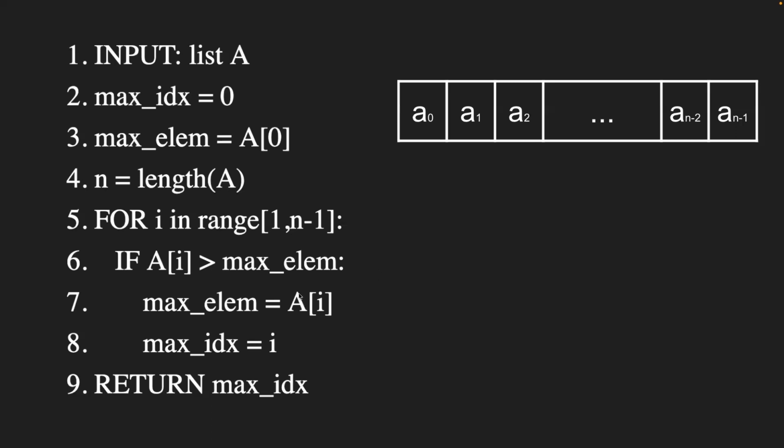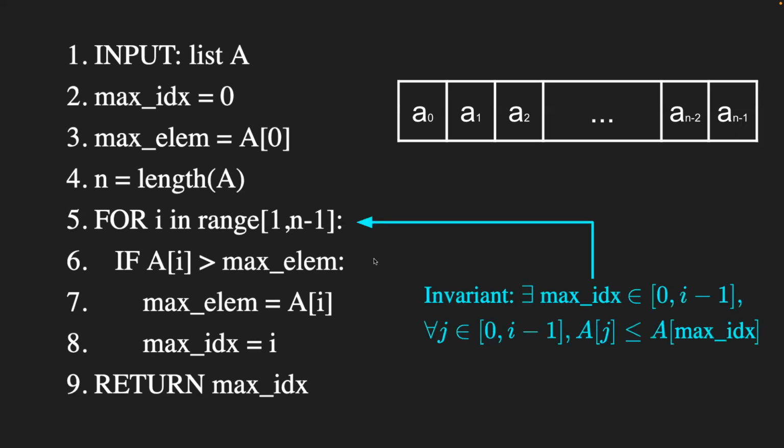And so what I'm doing is saying some property holds in every step of my for loop. I'm really saying something about this i that's changing as I loop through. So I is where I'm currently at.